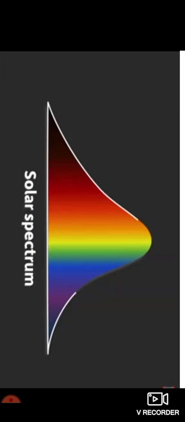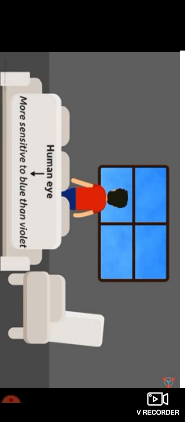But the sky does not appear violet, it does not appear indigo also, but it appears blue in color. This is because the human eye, our eye, is more sensitive to blue color than violet and indigo.